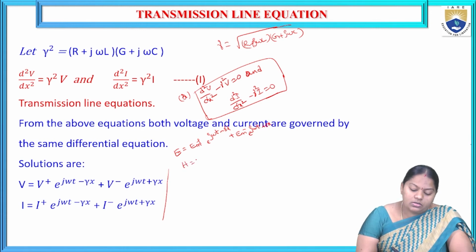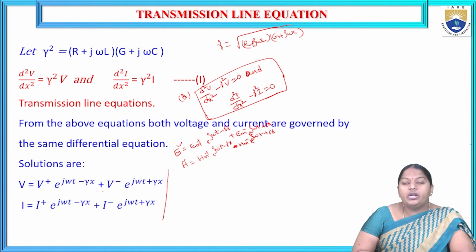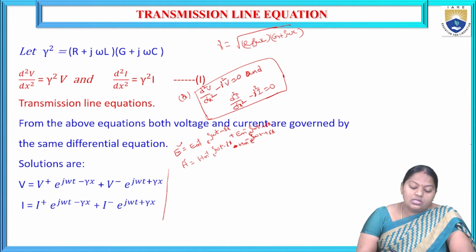Similarly, H = Hm⁺ e^(jωt − γx) + Hm⁻ e^(jωt + γx), right? In place of E and H, here we have voltage and current. So this is the case we assumed in field theory.